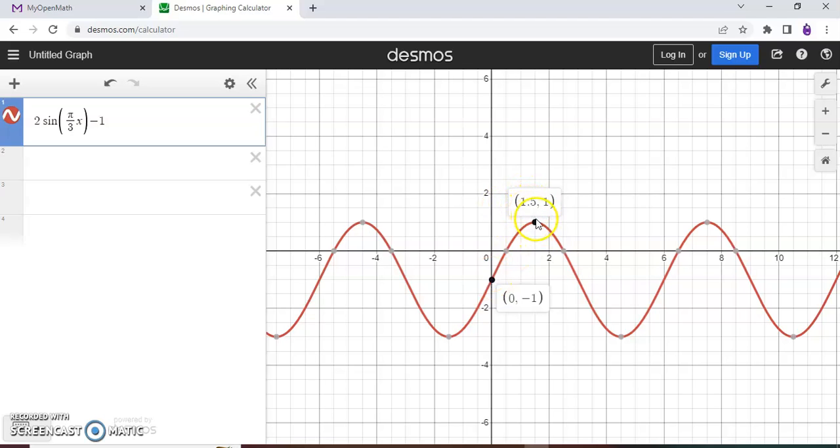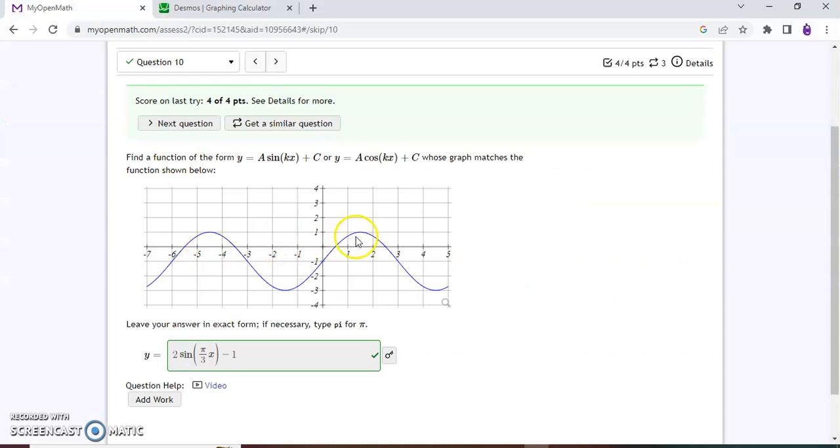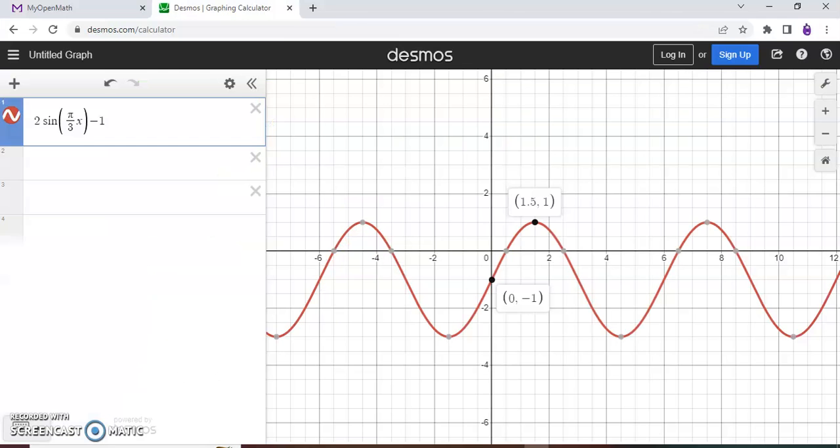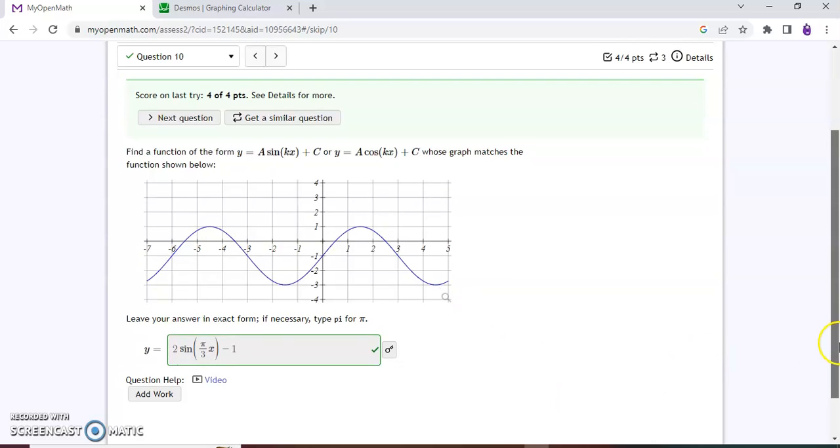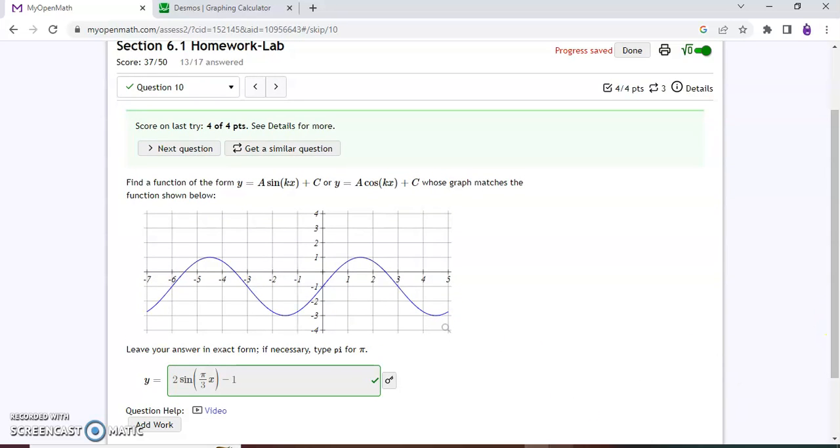Here, this maximum is 1.51, which is around the same maximum as you can see here. 1.51 here. And then you can just compare certain points to the points on Desmos, see if they look the same, and then you're done. That's how you do it.